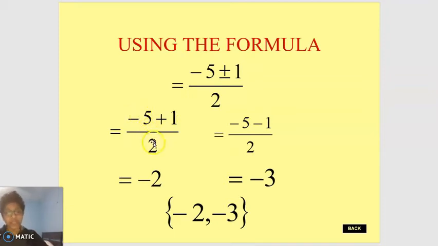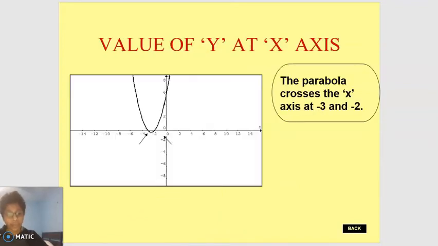Then we divide that by 2, and we get negative 2. Then we have negative 5 minus 1, which is negative 6, and we divide that by 2, and we get negative 3. Therefore, our answers are negative 2 and negative 3, and that checks out when you look at the graph.